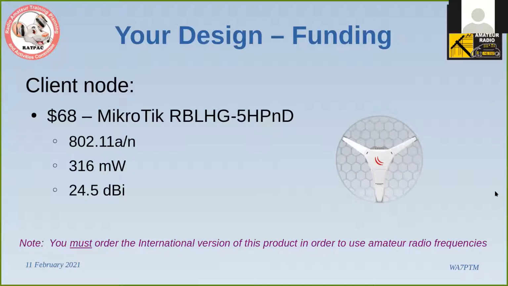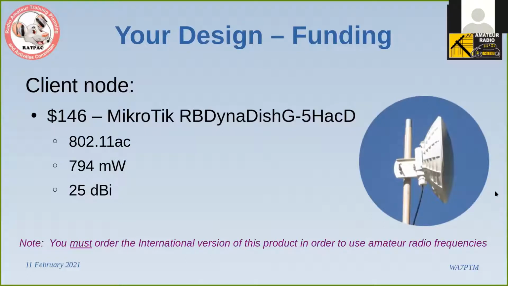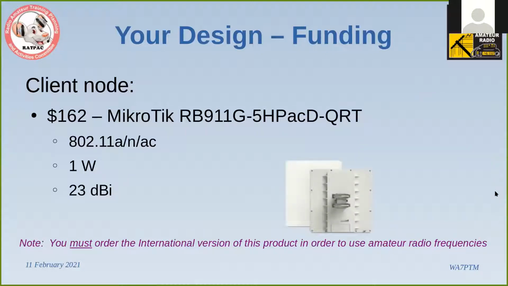You could step up then to a really small dish. And a little bit nicer dish. Now this happens to be my dish. It's on top of my garage, and that's what I'm talking over right now. And then some of the flat panels that might be really good for taking for a mobile station that you might want to deploy to a shelter or something like that and connect where you can.